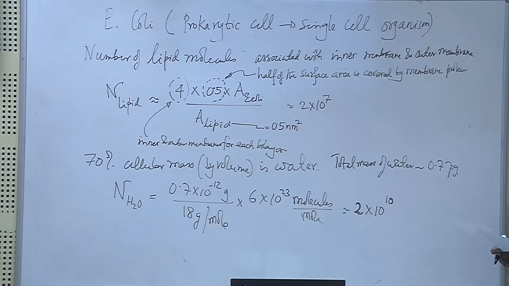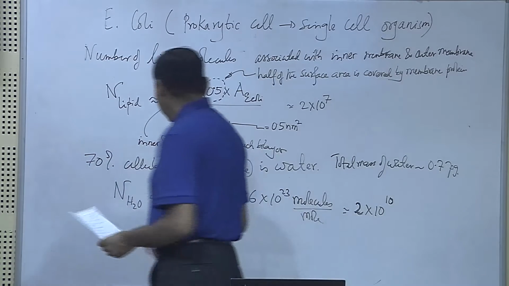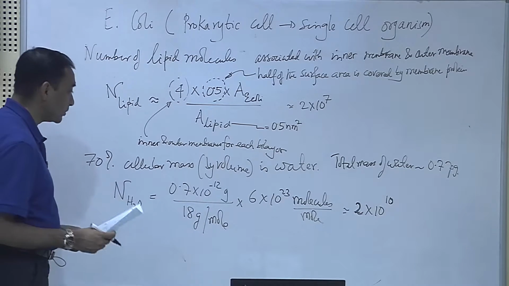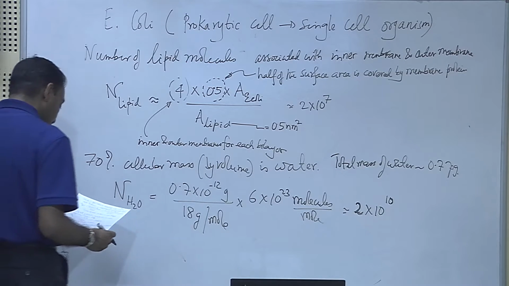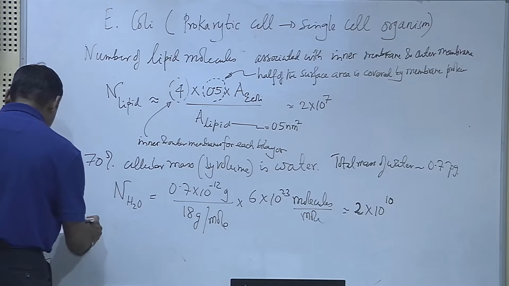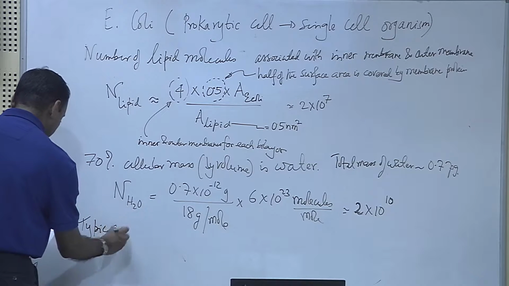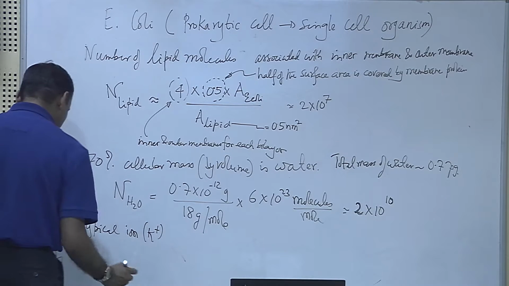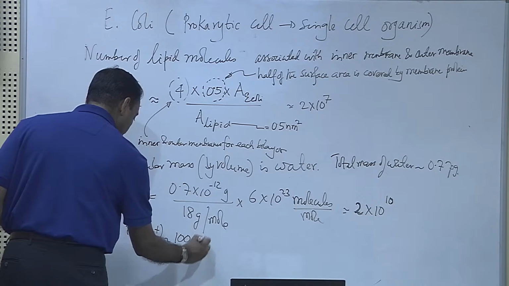Also, it will contain some ions, like potassium, sodium, so positive charge ions will be there as well. So we can say that a typical ion concentration, say for potassium ion, is around 100 millimolar.